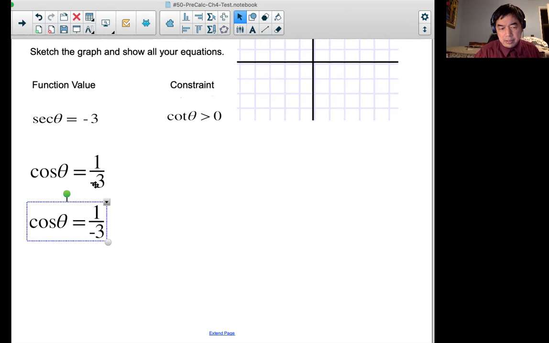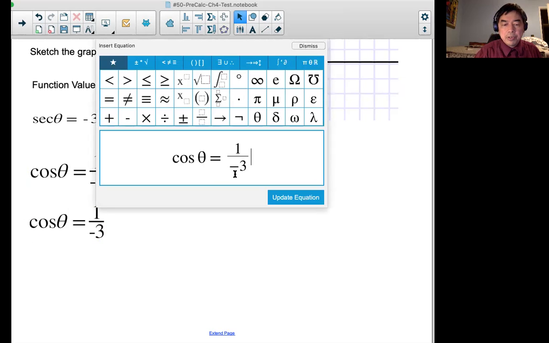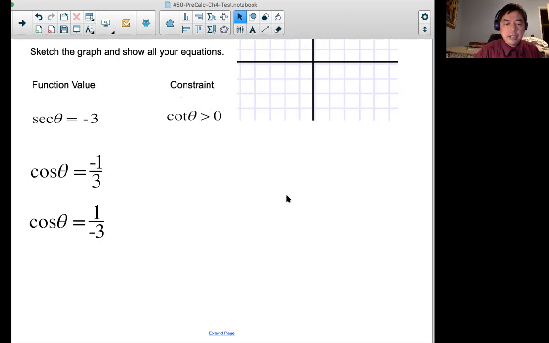Hypotenuse is not going to be a negative sign, so the negative 1 only goes to the numerator, okay? Adjacent is negative 1. Okay, so just think about this. I keep it as it is, don't put the negative sign outside, okay?